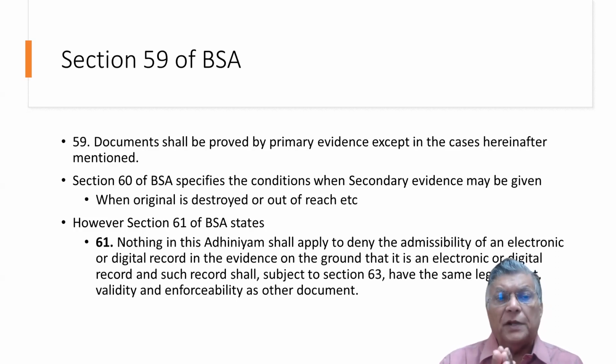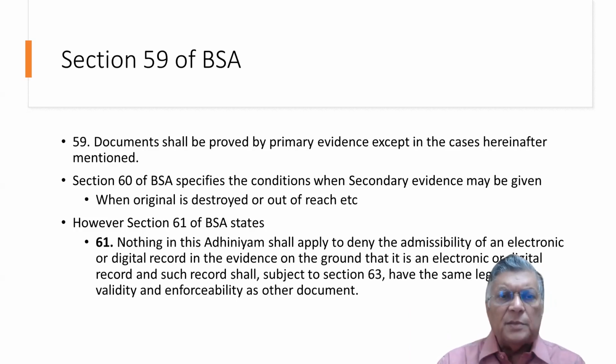Now section 59, equivalent to the earlier section, says document shall be proved by primary evidence except in cases hereinafter mentioned. We know that the secondary evidence is acceptable only in certain cases, like when the primary document is impossible to be presented or destroyed or something like that.